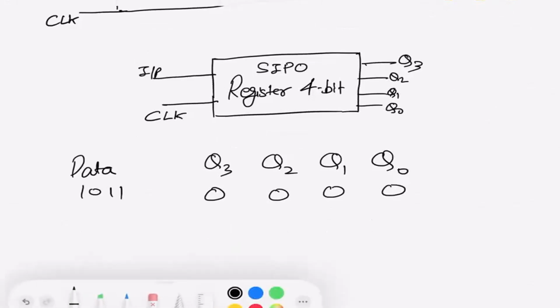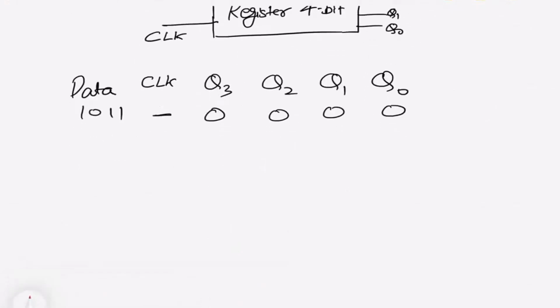And now we are going to apply the clock pulse. So what will happen if I apply my first clock pulse? After applying the first clock pulse, this first data will get stored at this location, and this 0 will get shifted to the right side.